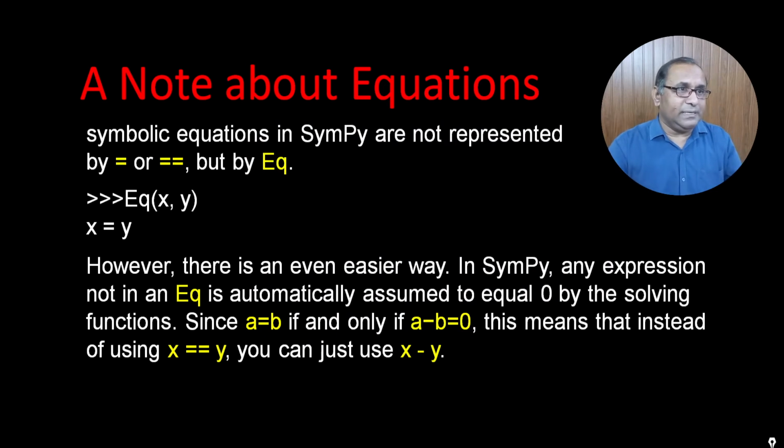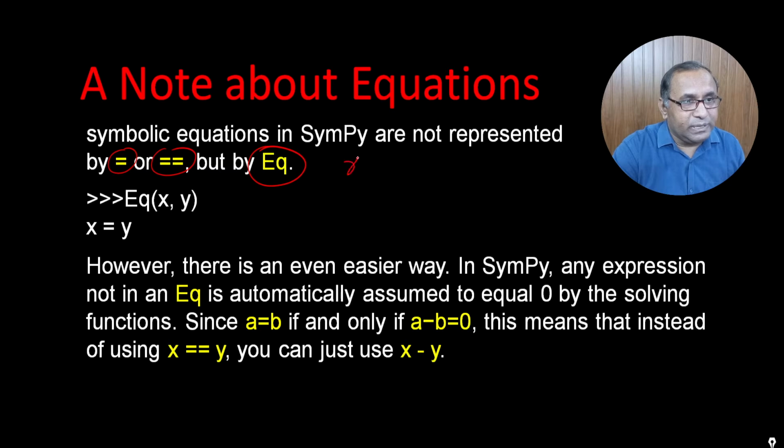You can see the symbolic equations in Sympy are not represented by the equal sign or double equal sign, but we use this inbuilt function in Sympy. Suppose we have the equation x is equal to y.